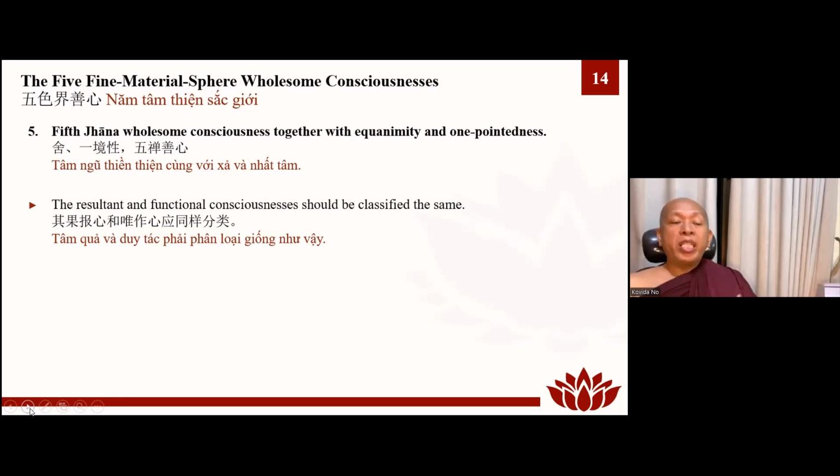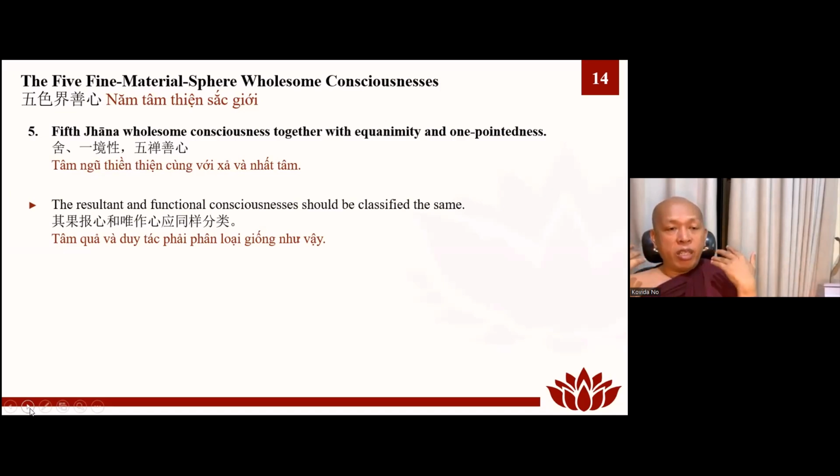So, for example, we may attain jhana. When we pass away, by entering jhana, we can be reborn in the Brahma worlds. At that time, the rebirth consciousness will be resultant consciousness. That's why we have 5 types of resultant consciousness. The same jhana factors, the same analysis.